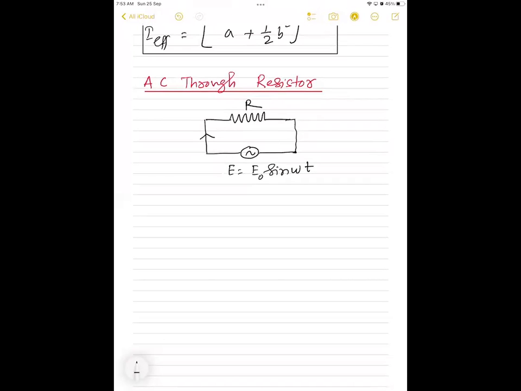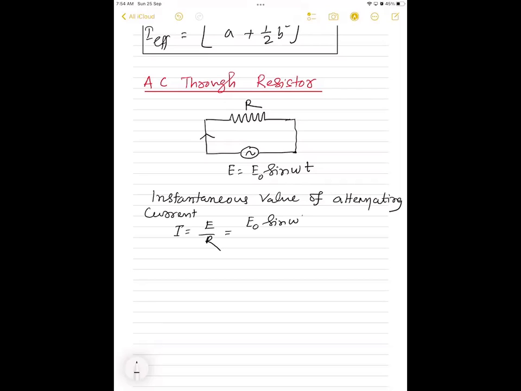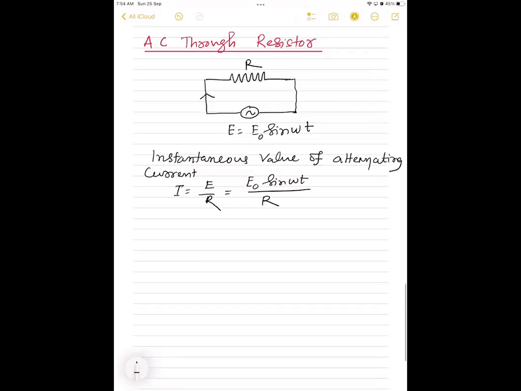And students, the instantaneous value of alternating current will be the EMF divided by R. That is, I is equal to E by R, and that is E naught sin omega t by R. And E naught by R is I naught.